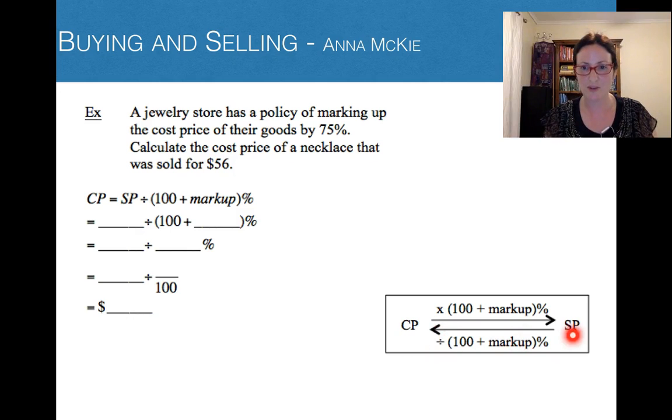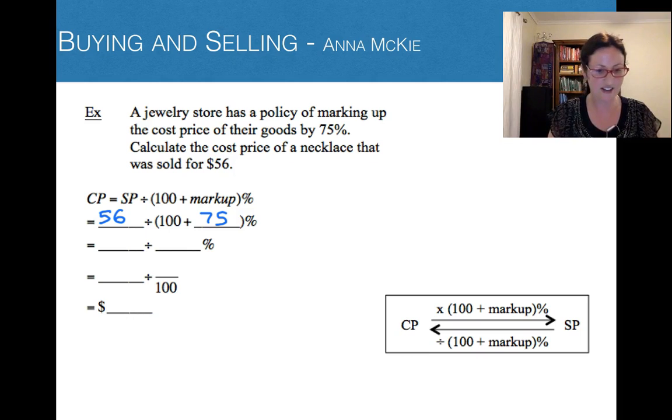So following this formula, you would have cost price is equal to selling price. What was that? It was in the question, 56. And this time around it's a divide, as you can see on the flowchart, by 100 plus the markup. The markup in the question was 75%. There we are, 75.